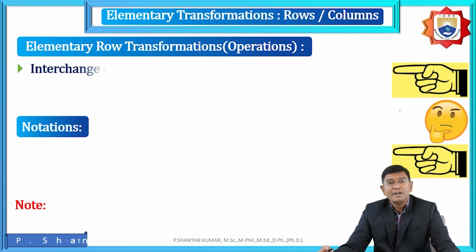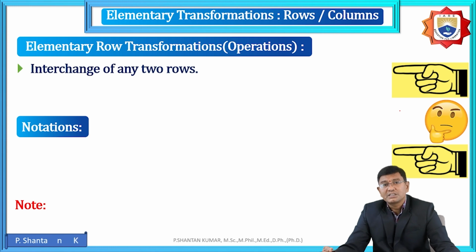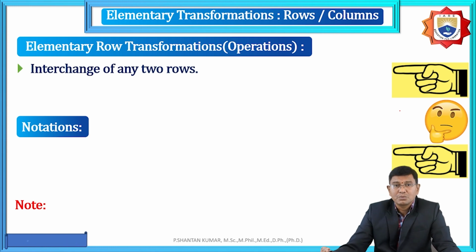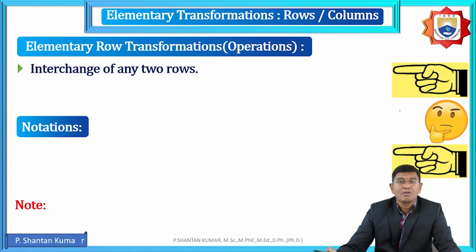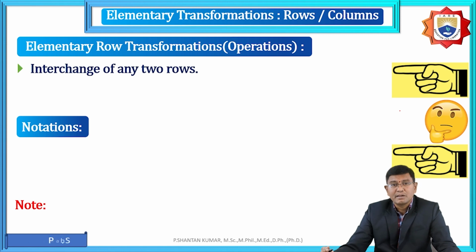For the elementary row transformations, the first one is the interchange of any two rows. This is one of the elementary row operations, because we are applying only row operations; we should not apply any column operations.